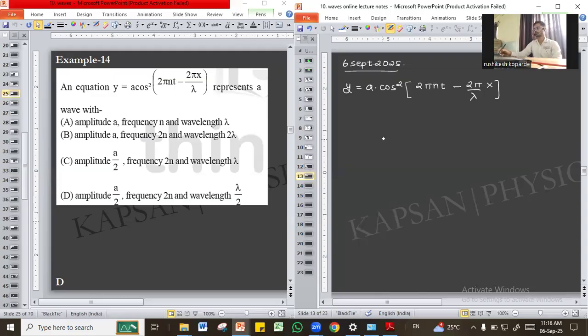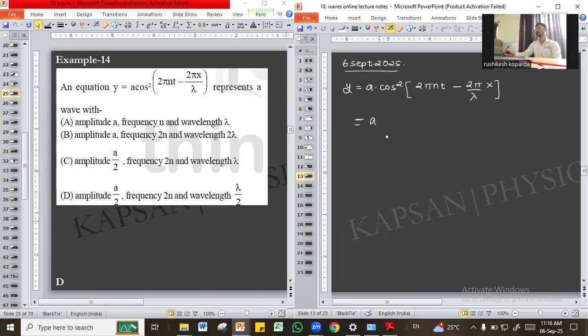Hmm, A by 2. How to represent this as A sin omega t or A cos omega t, in the language of sine or cos function? We don't want this cos square function. We want a sine or cos function.